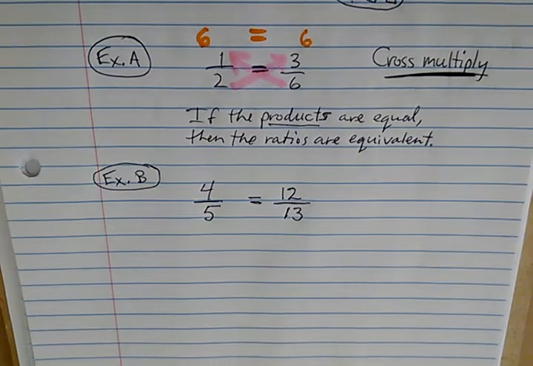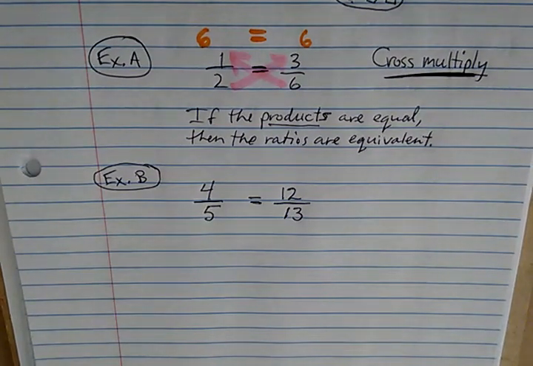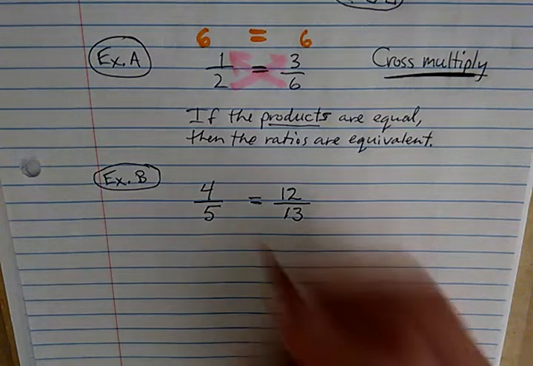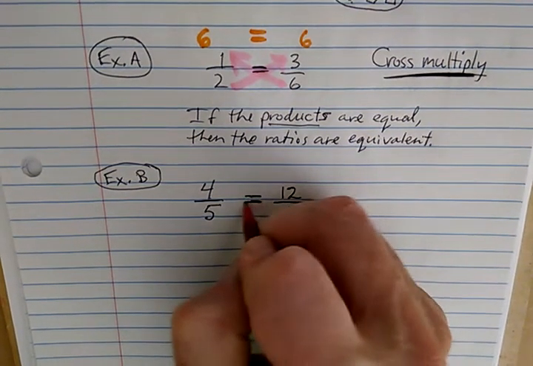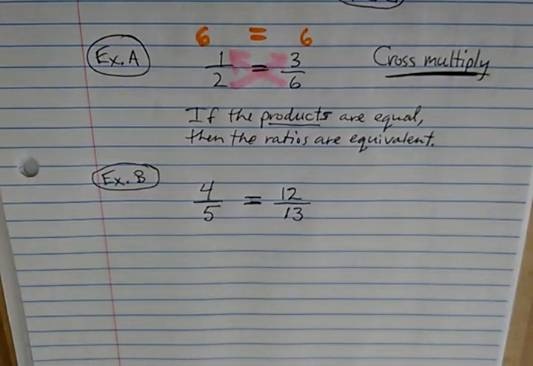Okay, so those are two ratios we could look at, and we probably would say, I'm not sure if those are equal or not. I mean, it says they're equal, but we'd have to test it. If the question, like it was on a test, said, are these two ratios equivalent? We'd have to test it out.